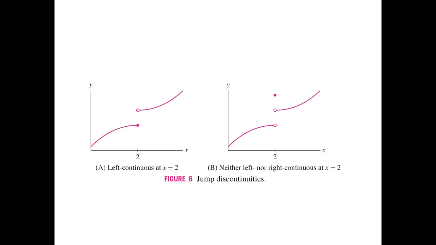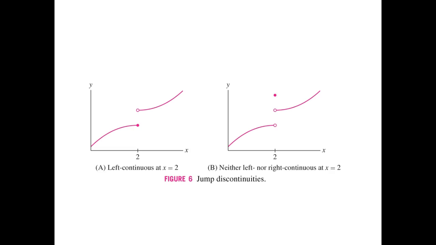Now the function is given a value at x equal 2 to be down here, and that is its limit from x approaching 2 from the left, but it's not the limit from the right, so this is a jump discontinuity. There is no value you can put in there to make that continuous, because they are just separated.